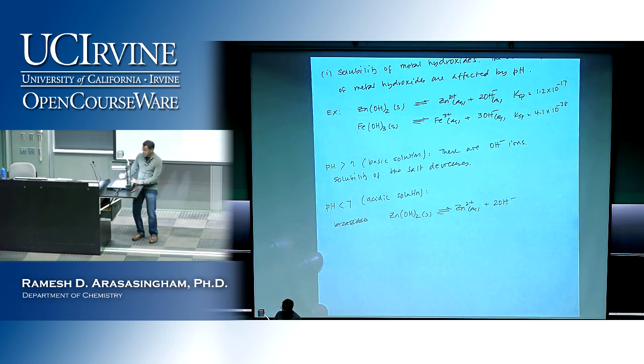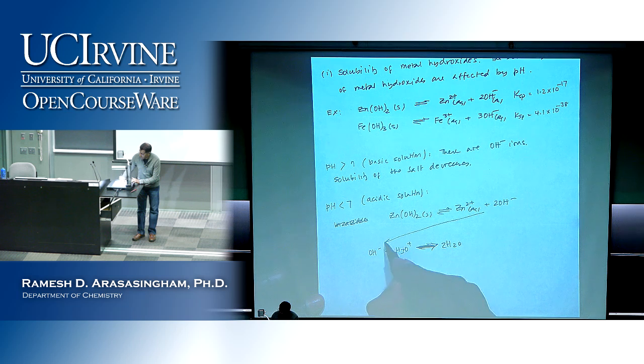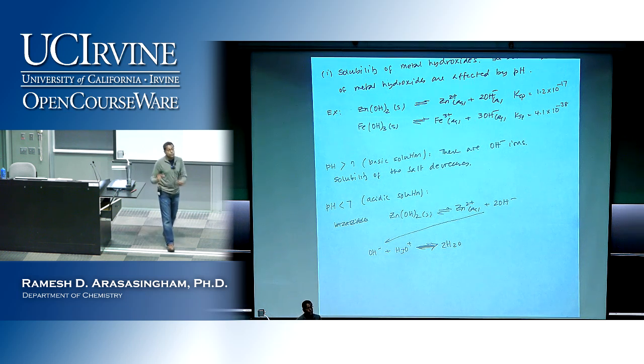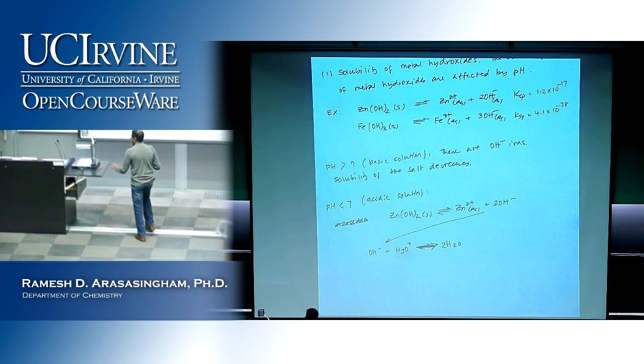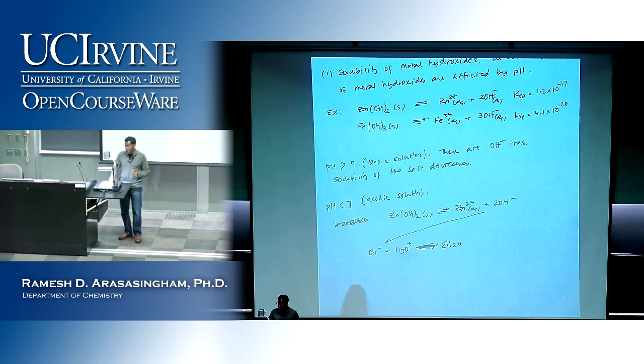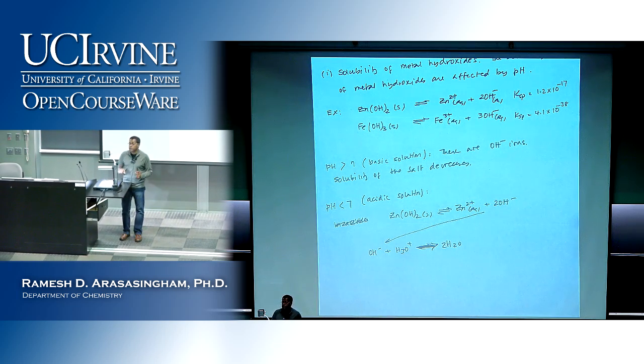But now you're in acidic solution, so this hydroxide will react with the hydronium ion to give you water. Actually, it's going to give you 2H2O. So what happens is this hydroxide is now essentially being removed from the solution. So can you see that if the hydroxide reacts with hydronium ion, the net result is that the hydroxide is being removed from that solution.